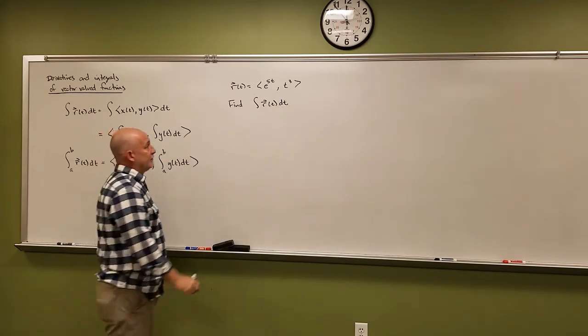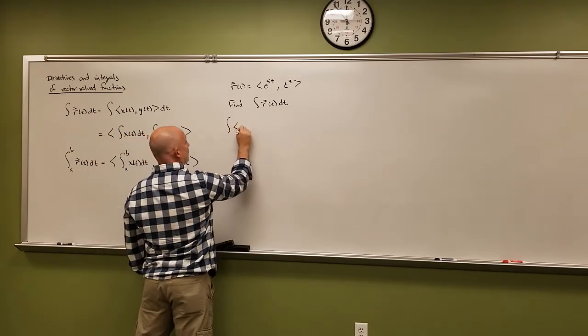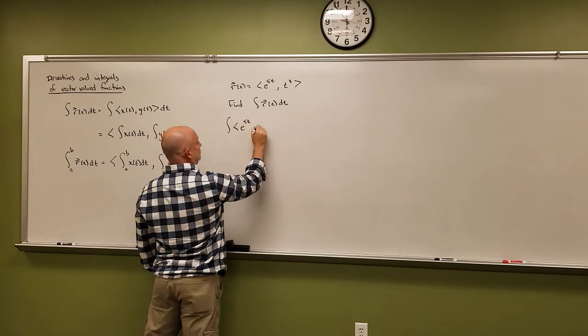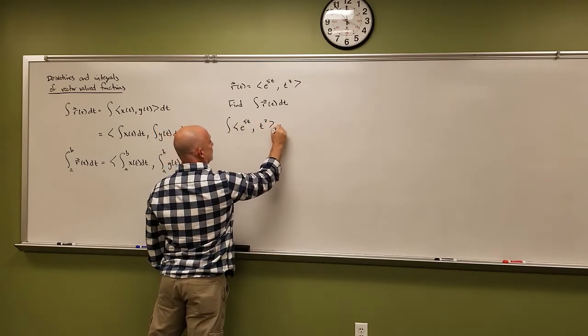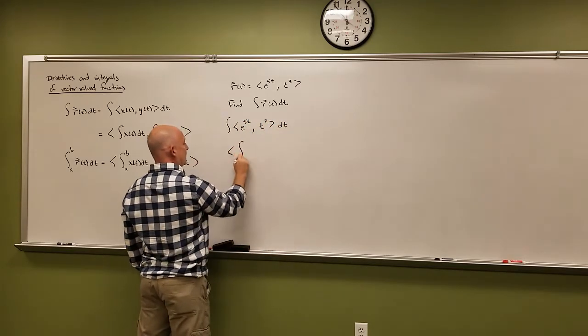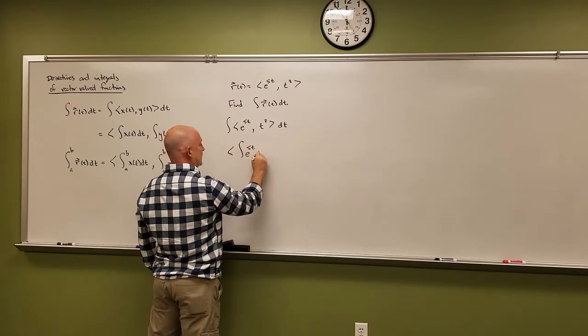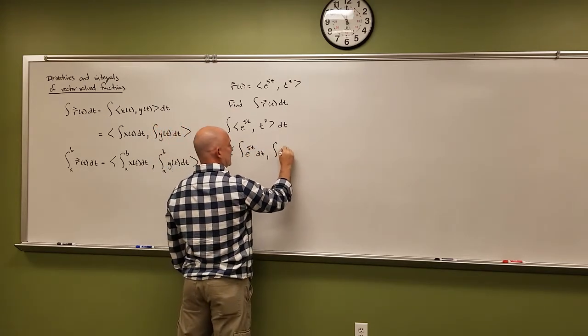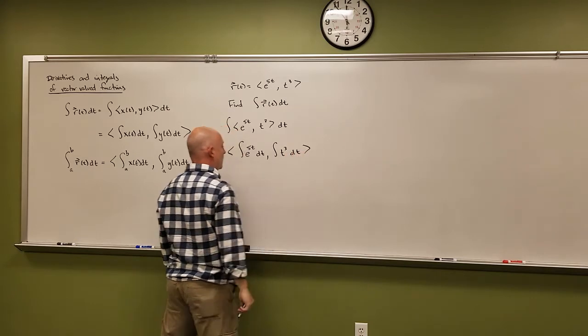By definition, this would be the integral of e to the 5t, t cubed dt, or the integral of e to the 5t dt, comma, the integral of t cubed dt.